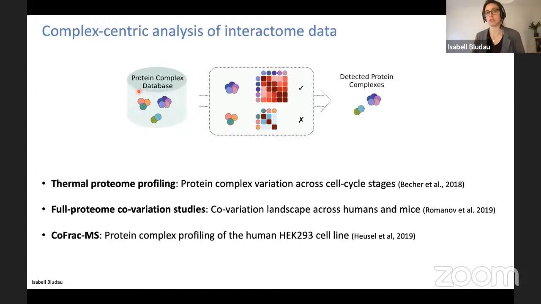I will get to this a few slides down the line. But the idea is that we then compare the number of detected signals for the target complexes to the detected signals for the decoy complexes. Then we can build a scoring and an FDR model for this.